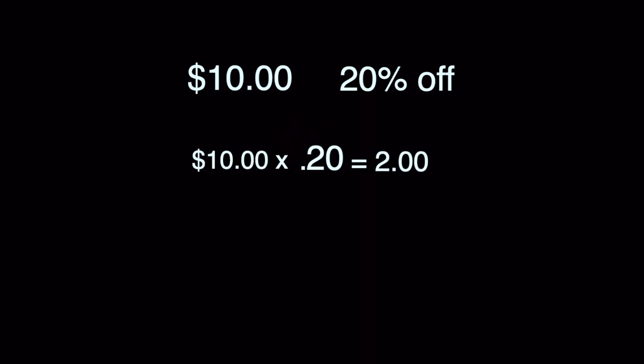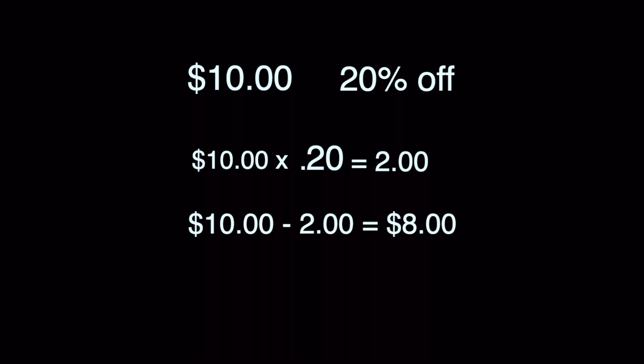Step 2, multiply the regular price by the decimal from step 1. So $10 times 0.20 equals 2. The discount is $2. Step 3, subtract the discount from the regular price. $10 minus $2 equals 8. The sales price is $8.